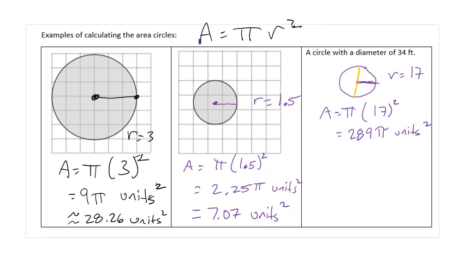And if I take 289 times 3.14, I get approximately 907.46 square units. And that's how you find the area of a circle. So you just gotta find a radius. Once you got that, it's just putting it in your calculator to do a little number crunching.